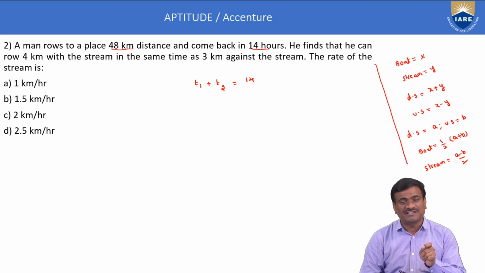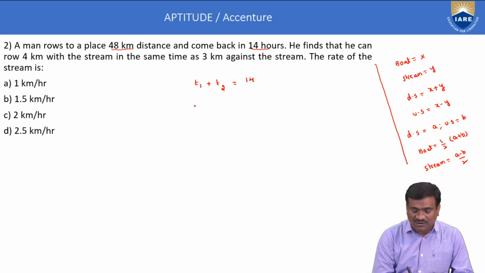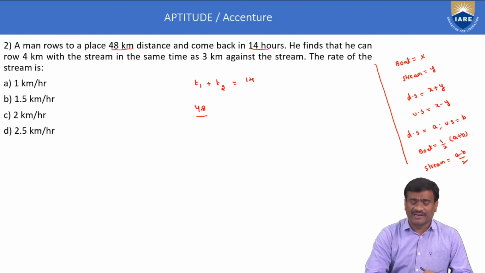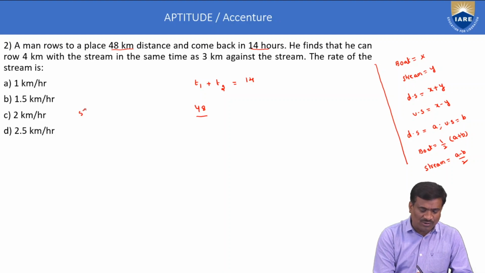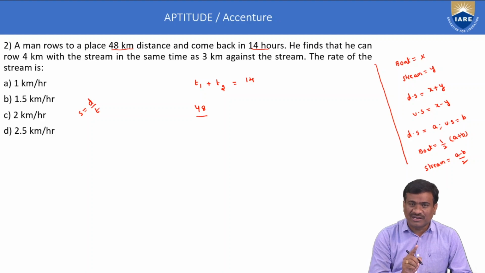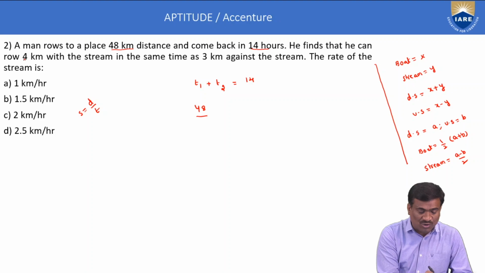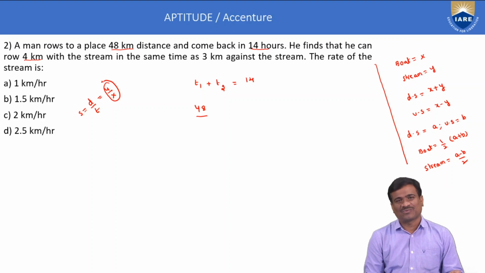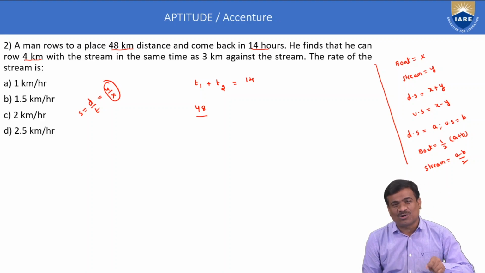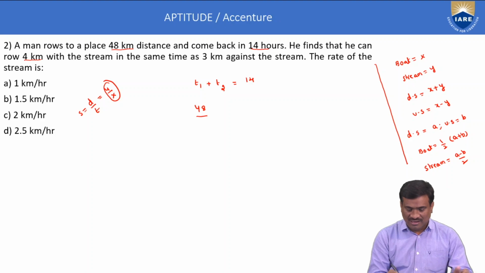Time is distance by speed. Speed is equal to distance by time. The downstream distance is 4 kilometers, and the time is not given, so the assumption is x. So 4 by x is the downstream speed.